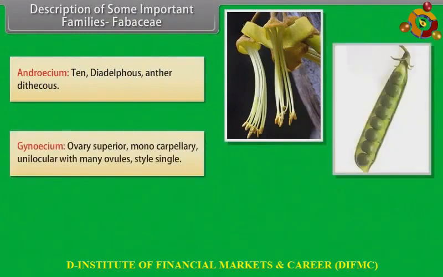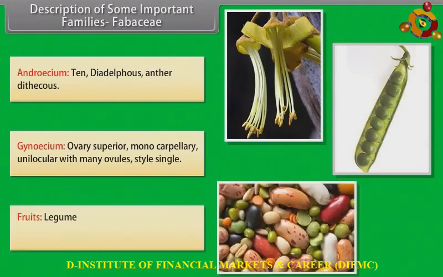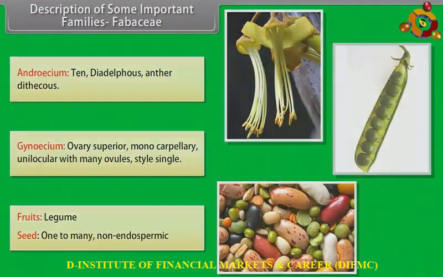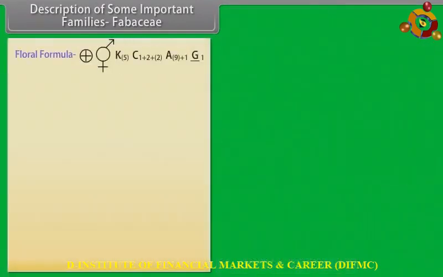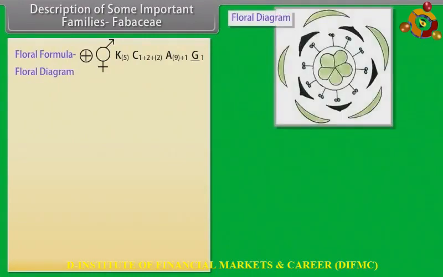Gynoecium, ovary superior, monocarpellary, unilocular with many ovules, style single. Fruit, legume. Seed, one to many, non-endospermic. Floral formula is, and this is the floral diagram.